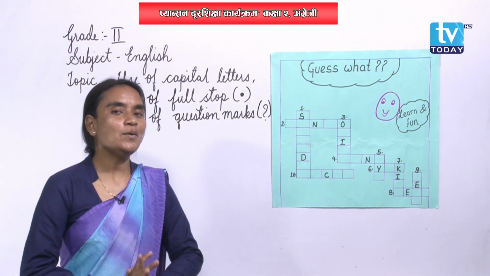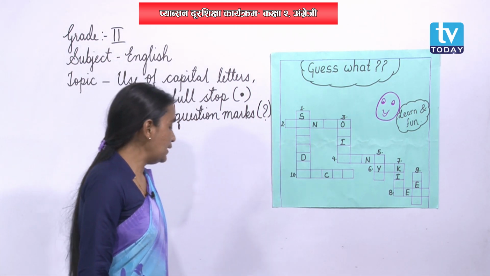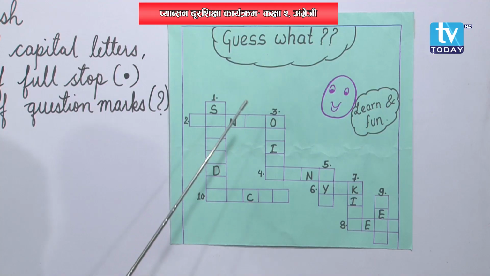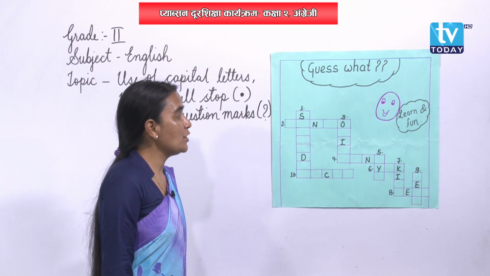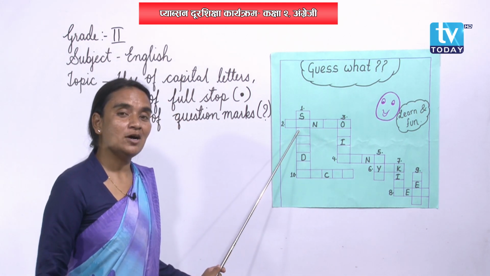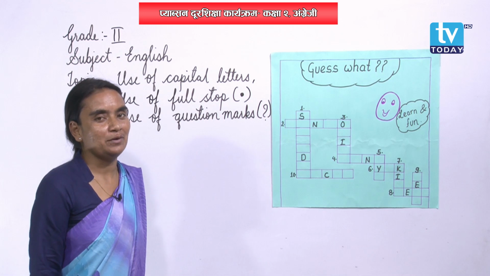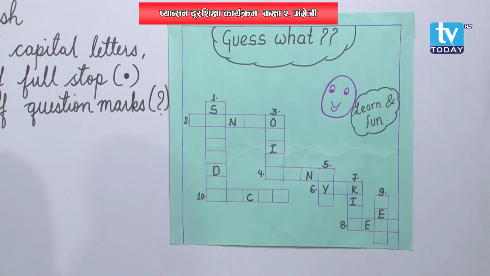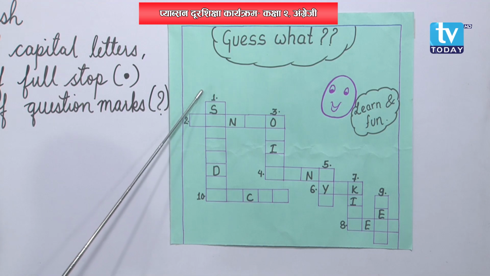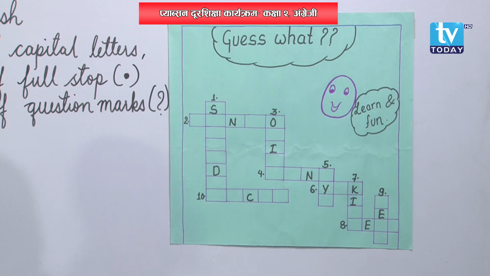Very good. Now, dear children, you might be going to this puzzle. Your eyesights are there, I know it. So, how can we do it? When I fill this in, you also have to fill in your notebook. I have mentioned different numbers in this puzzle. The odd numbers are for going top to bottom and even numbers are for going left to right.